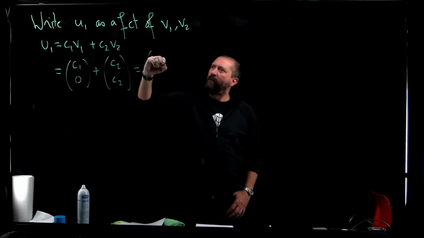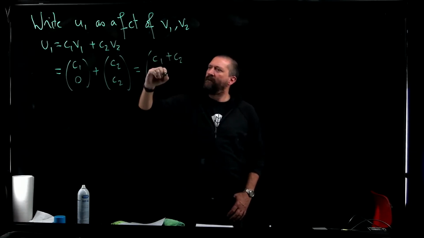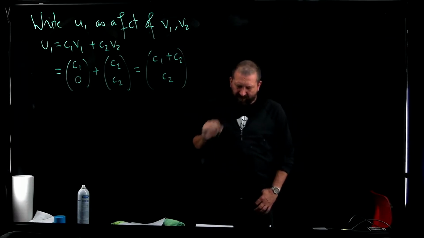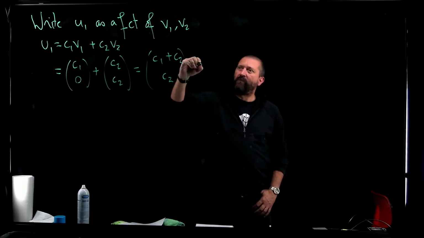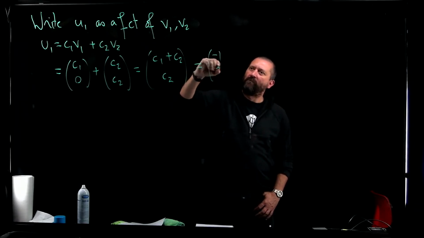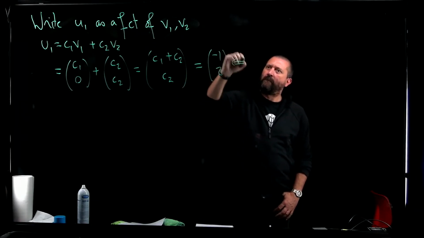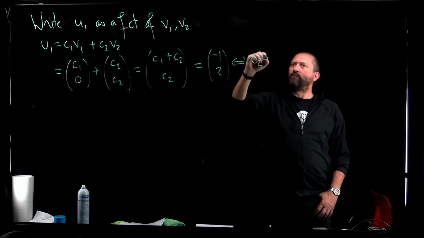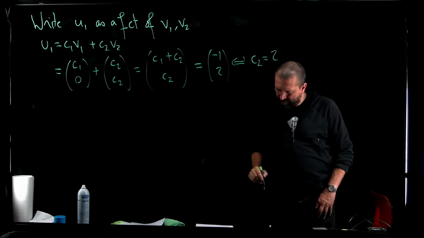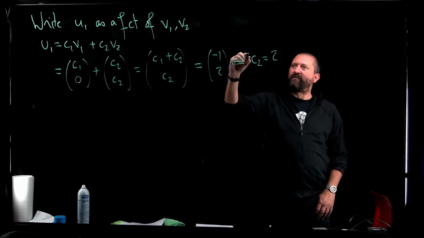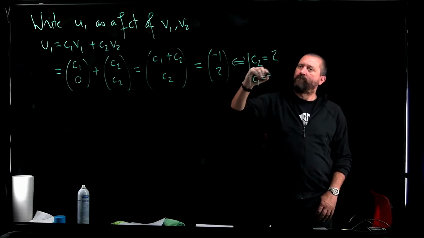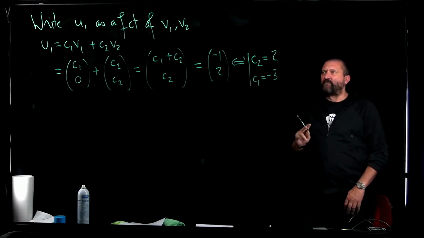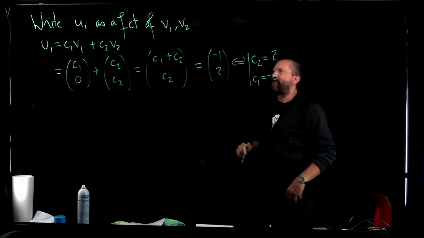That's (c1 + c2, c2), and that equals the vector (-1, 2) if and only if c2 is equal to 2 and c1 is equal to -3.